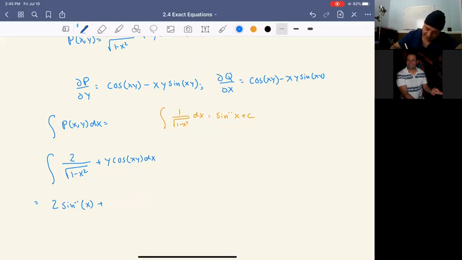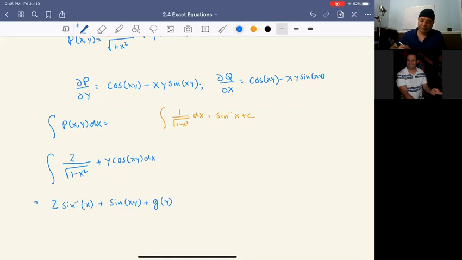So we're going to have sine of xy. I'm checking the sign, and that is correct. It is positive because the derivative of sine is cosine. So this is plus some g of y.